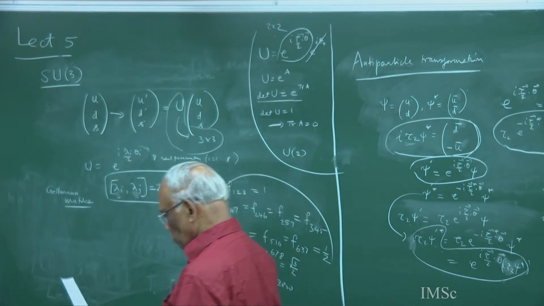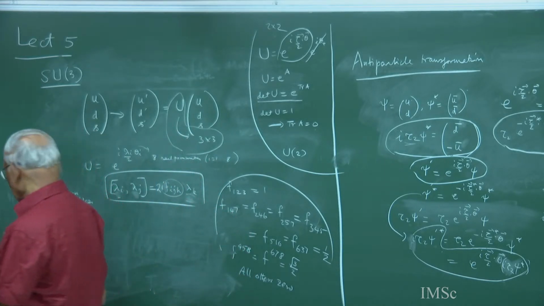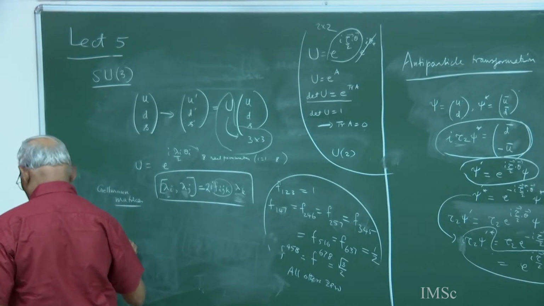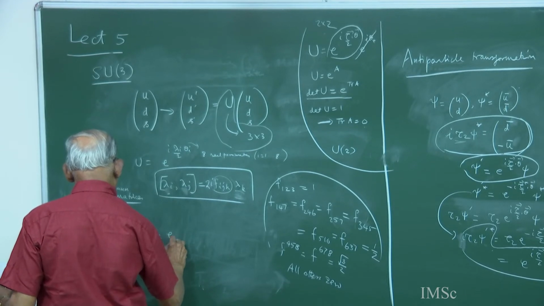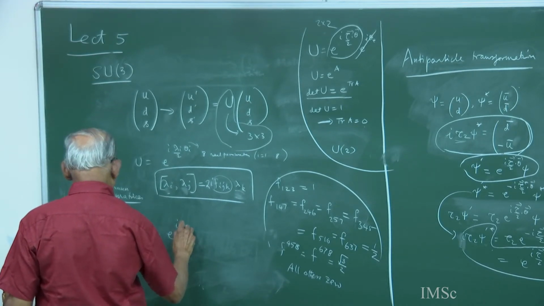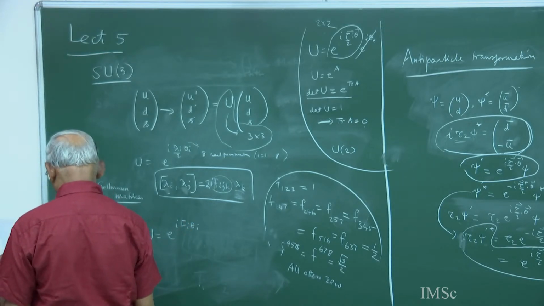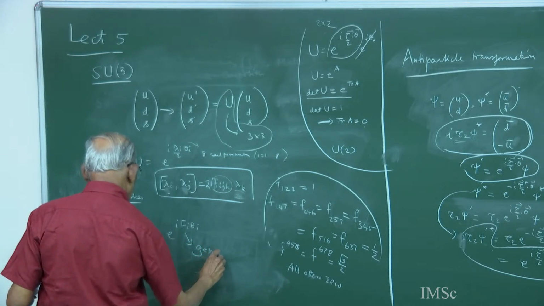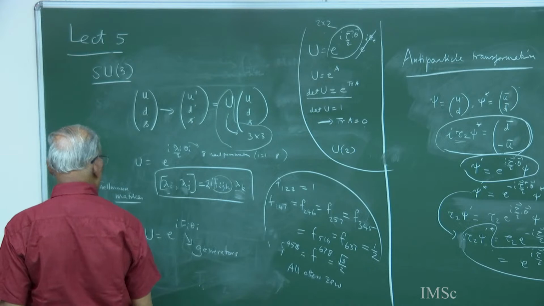More generally, U should be written as exponential of i F i theta i, again i summed over, and F i are called generators of SU2, SU3, and they satisfy commutation relations.